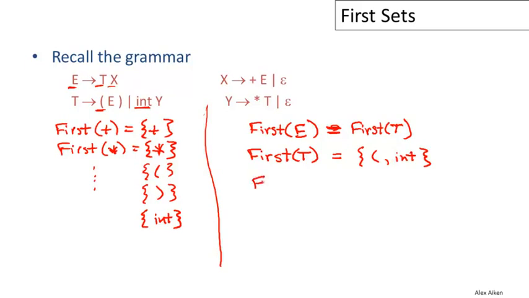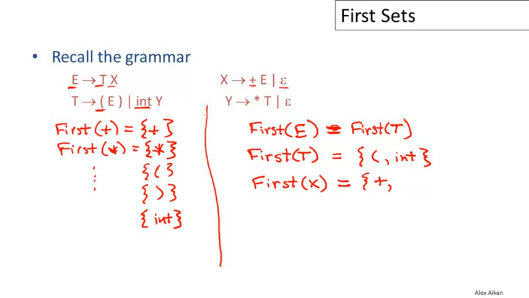All right, so now let's take a look at the first of X. Okay, so clearly plus is in the first of X because one production for X produces a plus immediately in the first position. So we can just add plus to the first of X. And then X has an epsilon production.